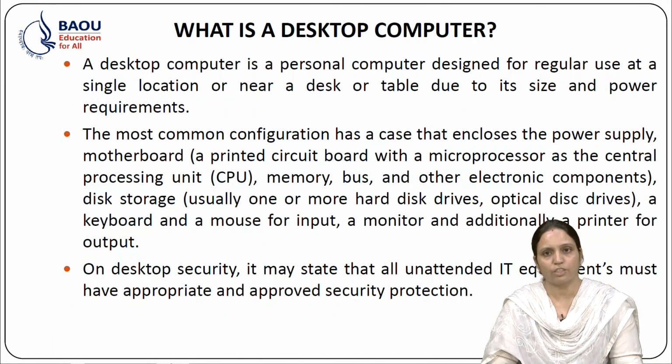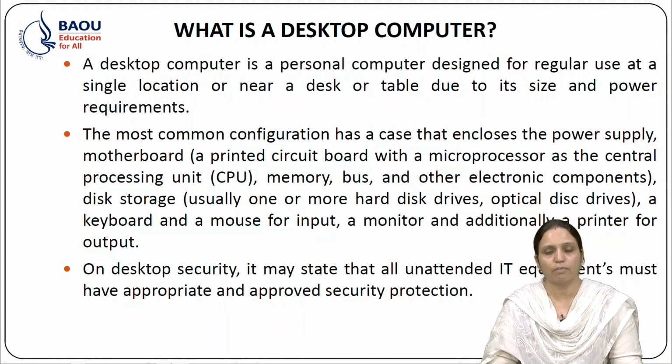Now, the definition of a desktop computer. What can be defined as a desktop computer? A desktop computer is a personal computer designed for regular use at a single location, on or near a desk or table, due to its size and power requirements. The most common configuration has a case that encloses the power supply and the motherboard. What is the motherboard?